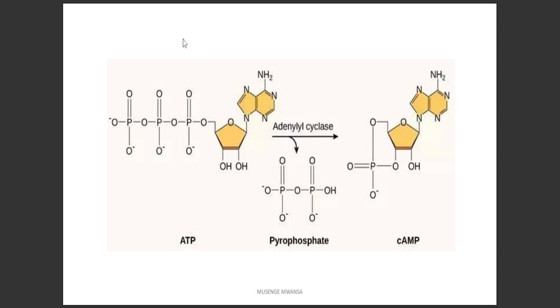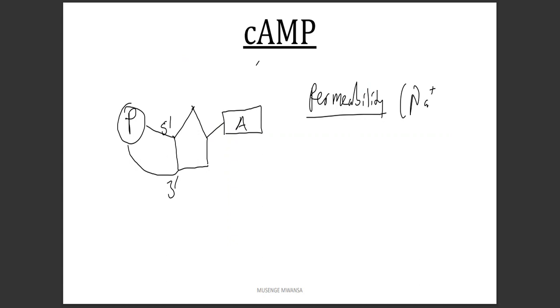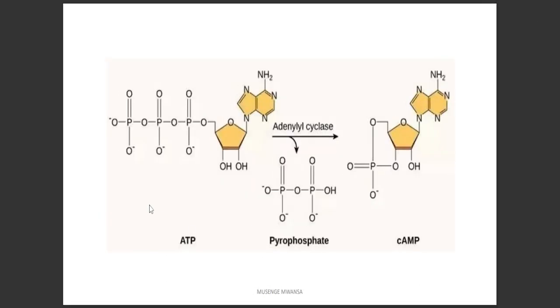Let's say we have the lumen of the stomach, that open portion of the stomach. Because we have opened these chloride channels, since cyclic adenosine monophosphate is there for permeability of the cell membrane, the chloride ions move from the outside of the cell to that space, which is the space of the stomach.